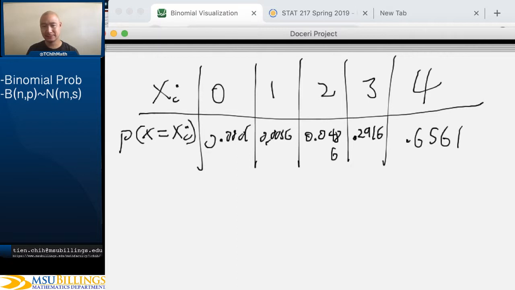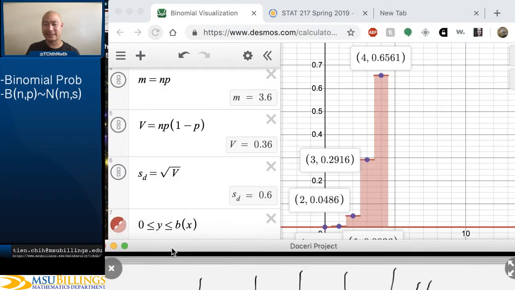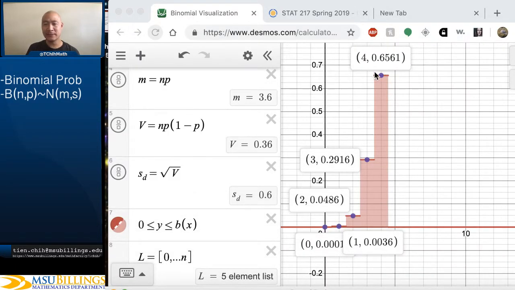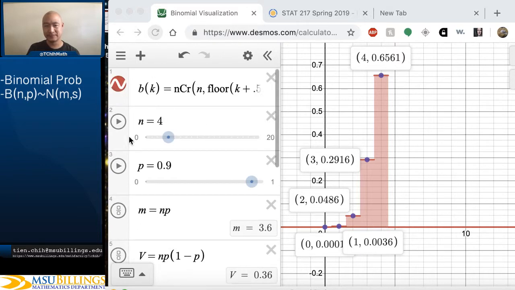Is that the number of baskets that you expect her to make? But if we look back at this distribution, there's pretty much only two things controlling this distribution here. And those two things are n, the number of shots that she's going to take, right?